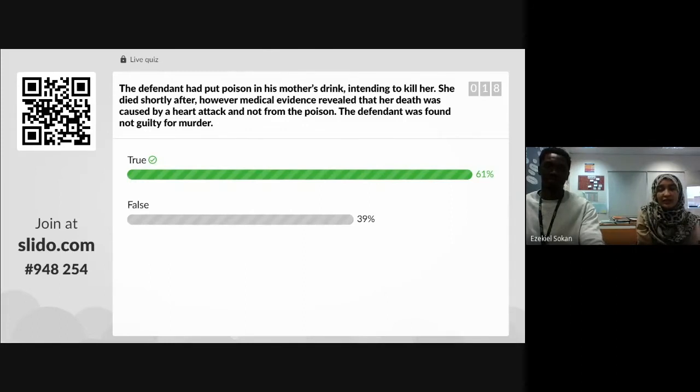So the defendant hadn't actually caused her death. So because he hadn't caused her death, he could not be guilty of her murder. So he was found not guilty for murder, but obviously he still committed a crime. So he was found guilty of attempted murder. But the question Ezekiel asked was that the defendant was found not guilty for murder, and that is actually true. So well done. Let's see the leaderboard.